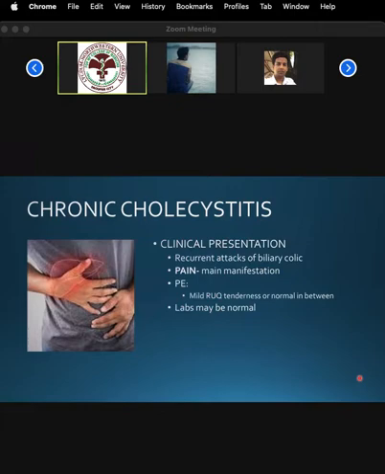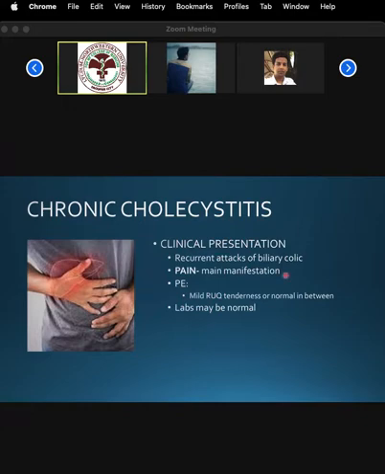Now, of course, pain is the main manifestation, but once you have this pain, it means to say that you're dealing with a patient with cholecystitis or an inflammation of the gallbladder.